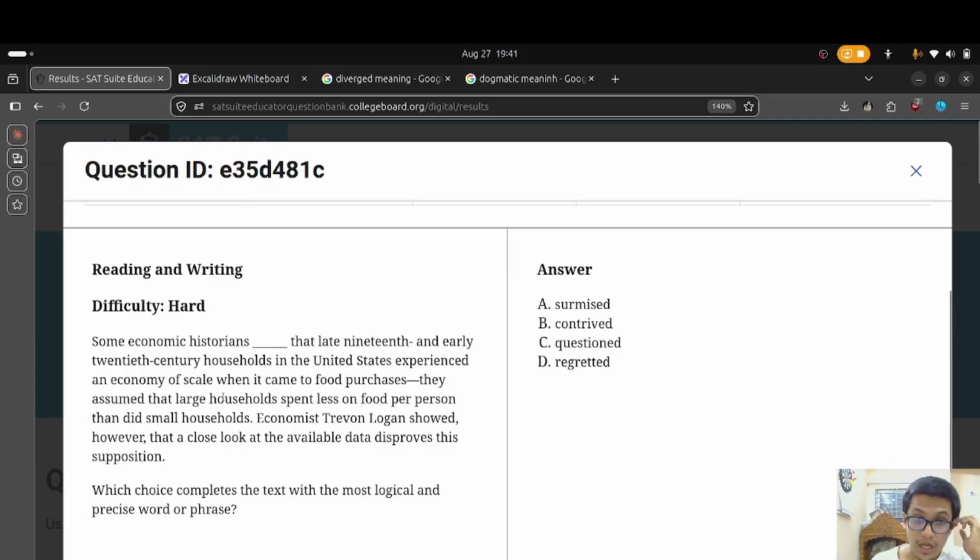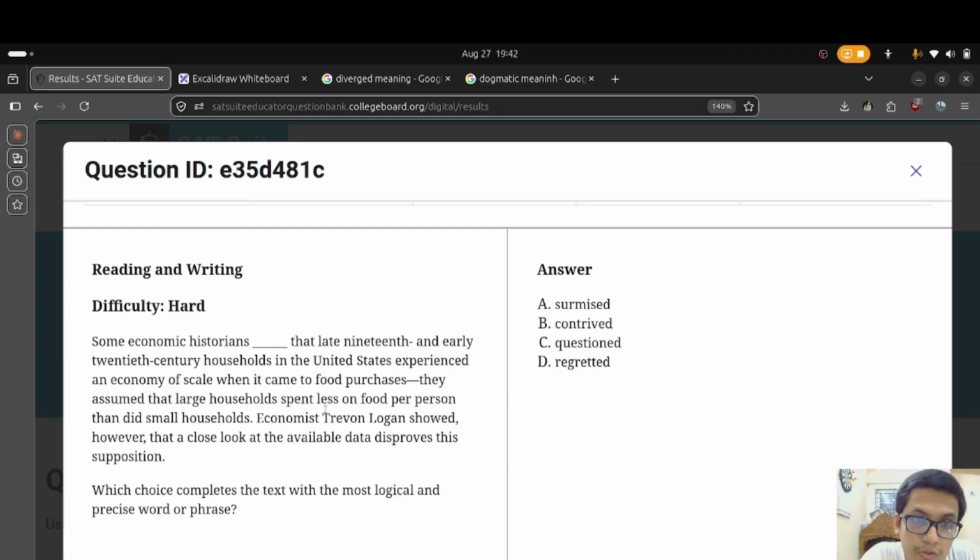They assume that large households spend less on food per person than did small households. And the economist Trevor Logan showed, however, that a close look at the available data disproves this supposition. Now we need to focus on the text.